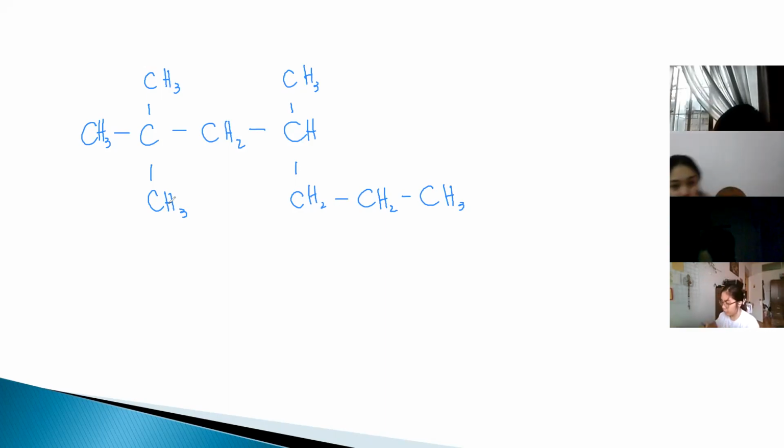I-apply na to ang pangutanan ni Jodel. Now, what if both the methyl is attached to the same carbon? And then, next. Apply ninyo ang rules.